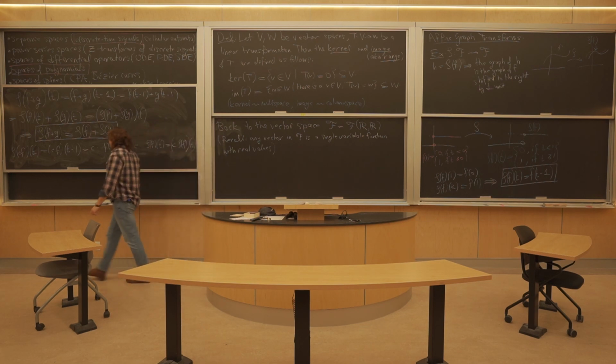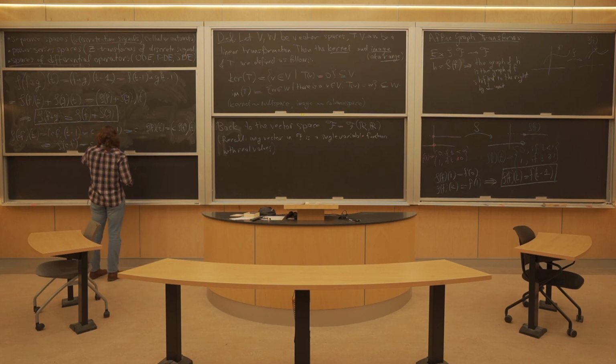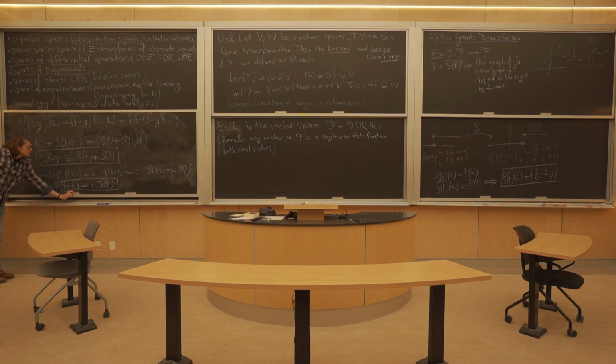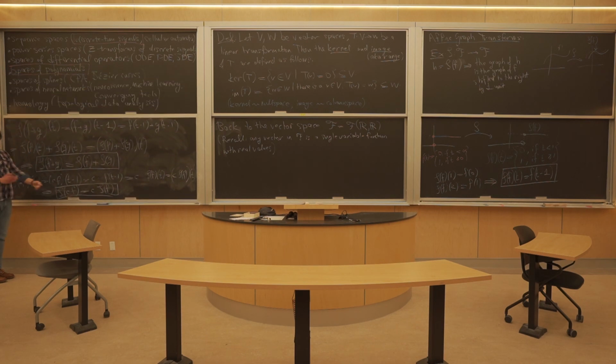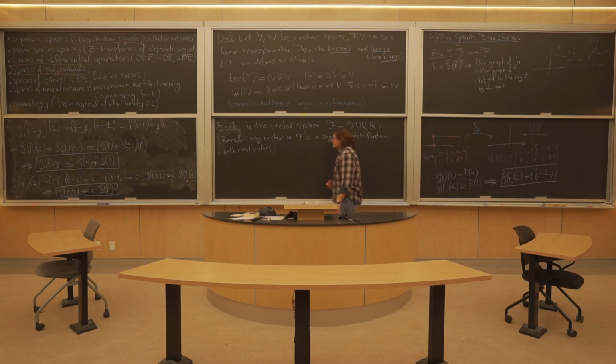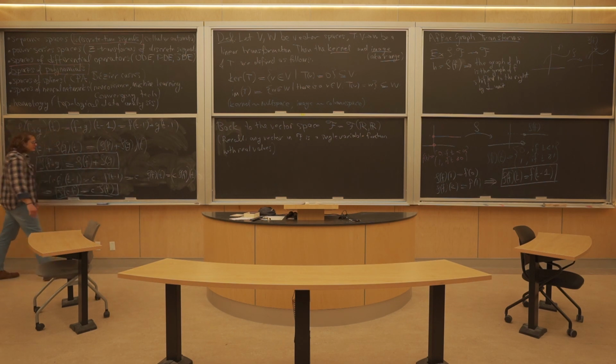And by the same reasoning, s of c times f is the same thing as c times s of f. Okay? So this means that this shift transformation is a linear transformation on the vector space F. Okay? Because it respects how vectors are added in this vector space, and it respects how vectors are scalar multiplied.